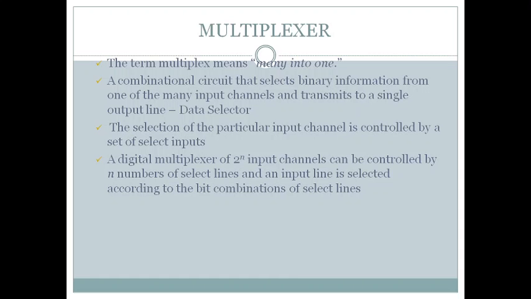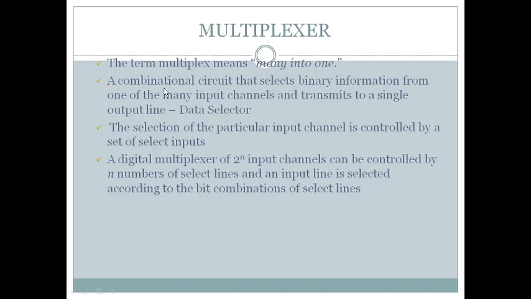And the combinational logic circuit which selects the digital information from one of several sources and transmits the selected information on a single output line is called a multiplexer, and in short it is called a MUX.